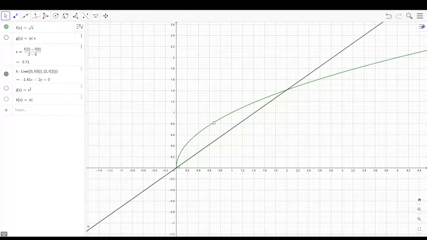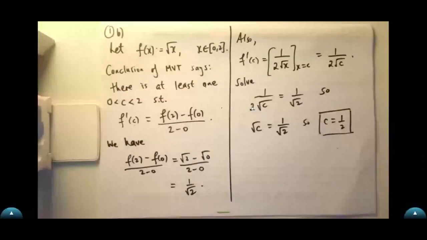So they'll be parallel. If you run a tangent to the curve at 1/2, then you'll get another parallel line. I'll just put my document camera back up for a second.